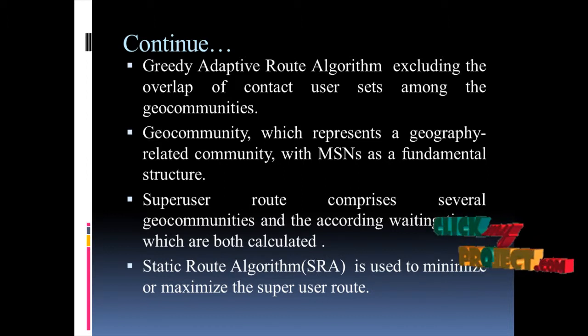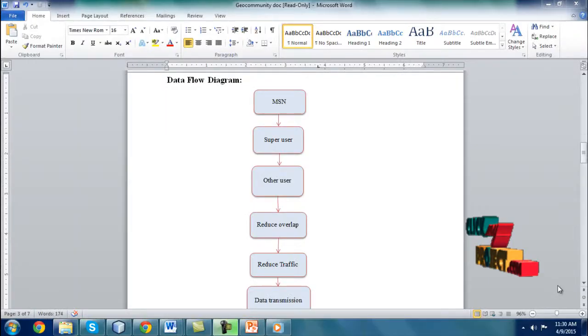The super user route comprises several geo communities and the corresponding waiting times, which are both calculated. The Static Route Algorithm (SRA) is used to minimize or maximize the super user route.